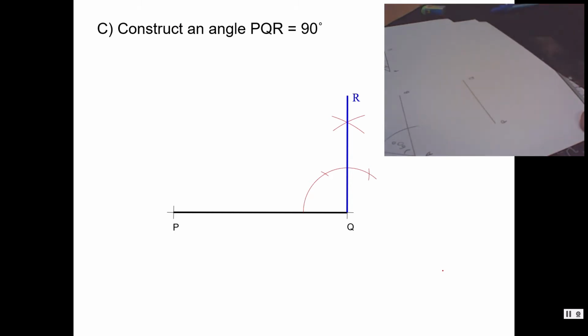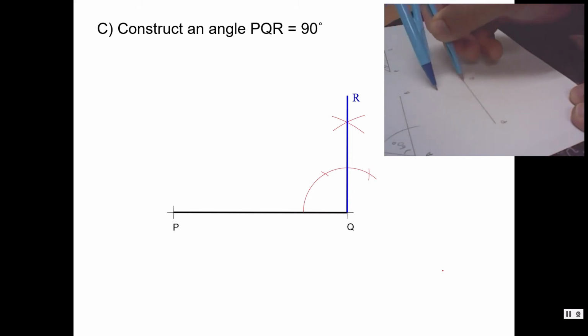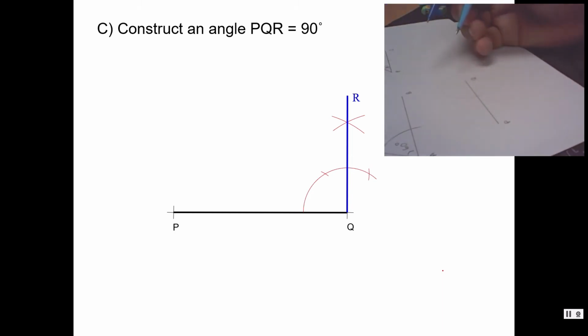From point Q, you draw one circle, and then from the point that touches the PQ line, you draw one circle, and then from this point you draw another circle.